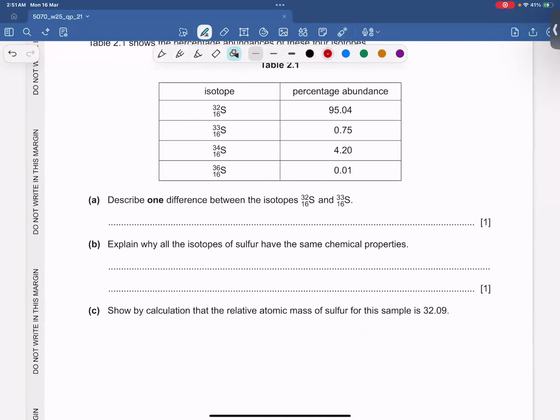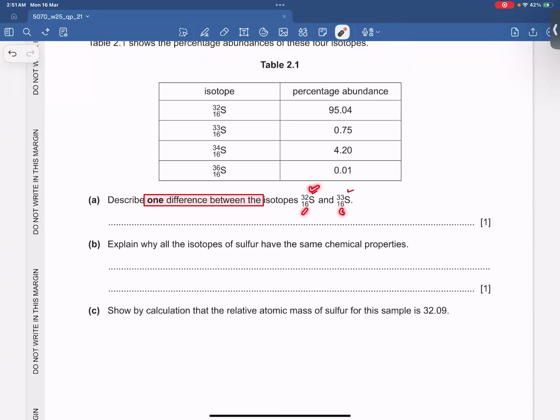Describe one difference between the isotopes sulfur-32 and sulfur-33. See, both of them have the same number of protons and electrons, but obviously they have a different number of neutrons. So the number of neutrons is different.